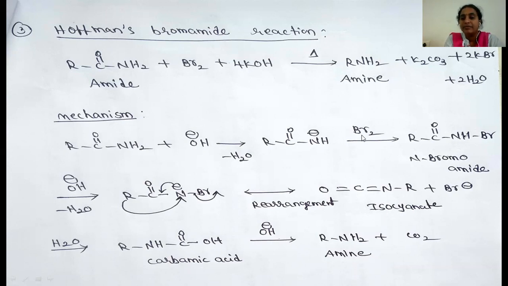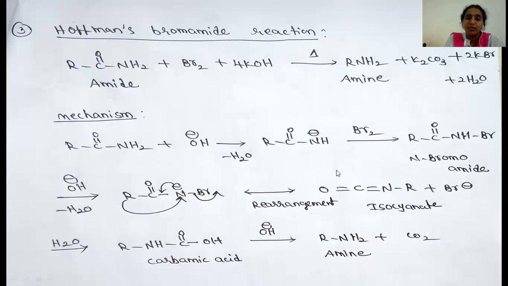Now when this reacts with the halogen, in this halogen one bromine exists as a plus charge, another Br exists as a minus charge. Now this nitrogen, which has one lone pair of electrons, donates electrons to the bromine, and simultaneously Br minus liberates. So finally it produces the N-bromoamide.